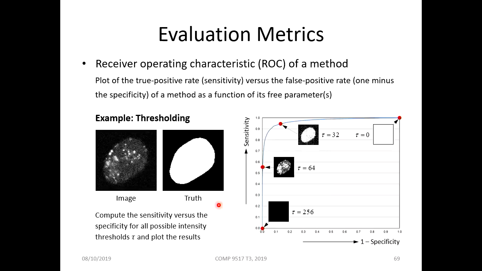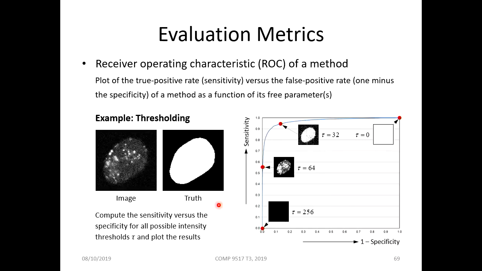And there's one more thing that I want to show you, a technique that helps you in comparing different segmentation methods, let's say how robust they are. Because, as I pointed out throughout this lecture, all methods usually have one or more parameters.